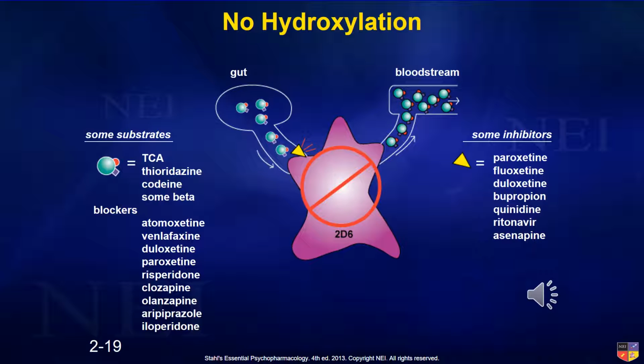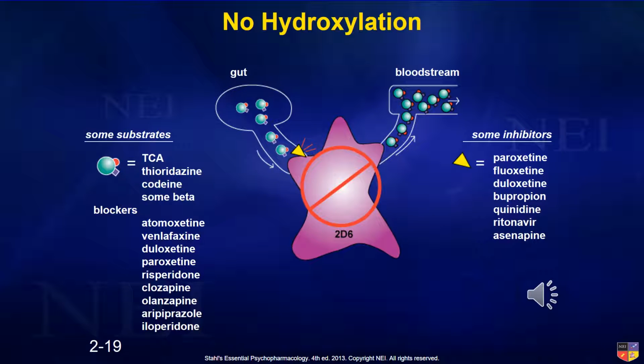And when these bind to the enzyme, especially the 2D6, they slow down the action of the enzyme, so it does not work as well on some of the substrates which are there in the left-hand column. This is why some of our medications can slow down the action of other medications.